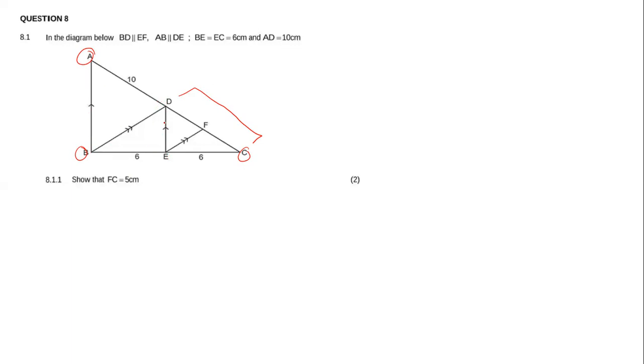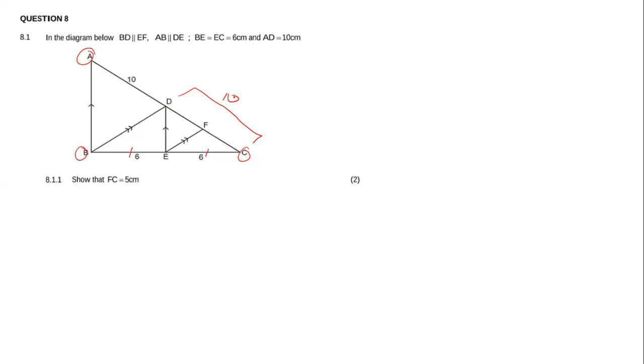And therefore this DE, the very same parallel line, cuts BC into 2 equal parts. It cuts into BE and EC, and they're both equal to 6. So again, I can talk about the midpoint theorem. Now I have AD, which is 10. So for a fact that this is the midpoint theorem, AD will be equal to DC. That means DC will also be equal to 10.